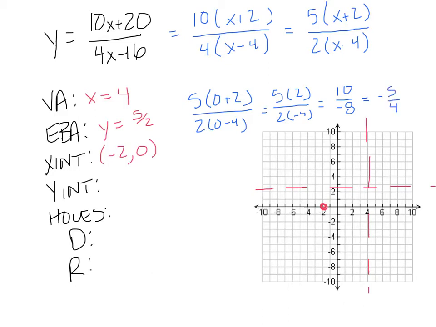So our y-intercept is going to be (0, negative 5/4), which is about negative 1.25, so we can see that on our graph there. That means we can go ahead and graph that branch.